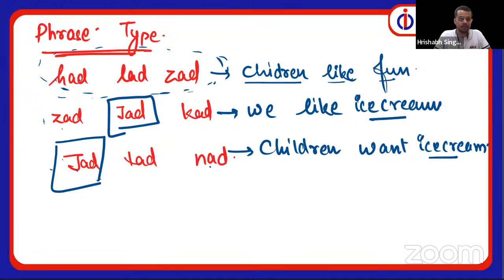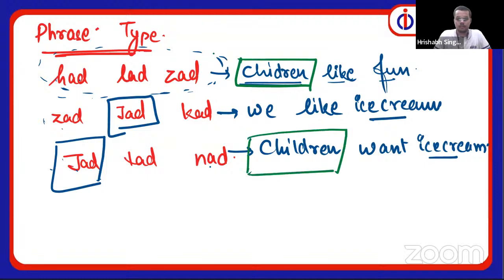Yeah, JAD becomes the coding of ice cream. ठीक है। Similarly, children is here, and children is here. ठीक है। And between these two, there are no other common words.